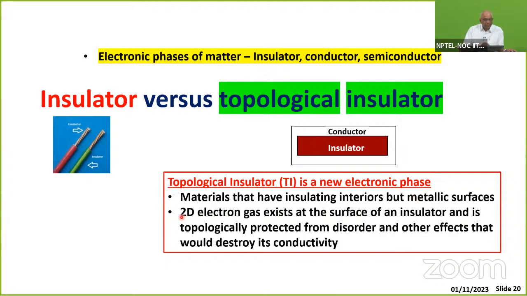For example, the 2D electron gas exists at the surface of an insulator, and it is topologically protected from disorder and other effects that would destroy its conductivity. So you can have a very enhanced electron mobility of the 2D electron gas because that mobility is preserved from scattering through impurities, etc.